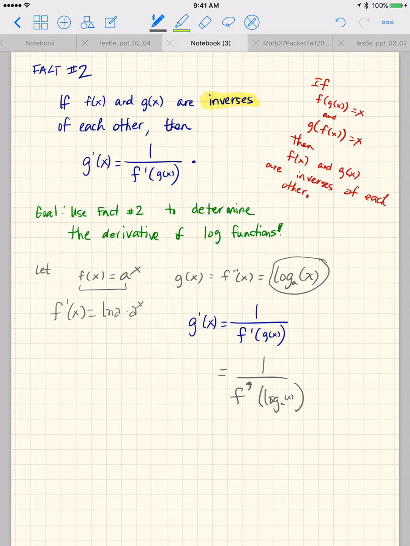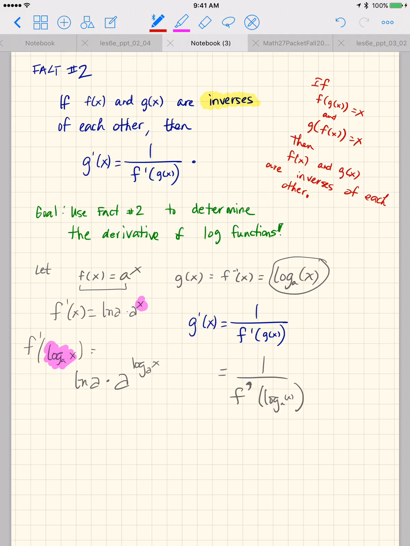So f prime of log base a of x: everywhere you see an x, replace it with log base a of x, okay? Natural log of a times a to the log base a of x. Now, do you remember your properties of logs?